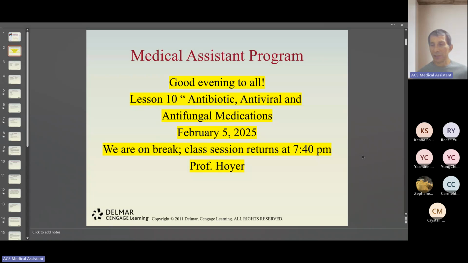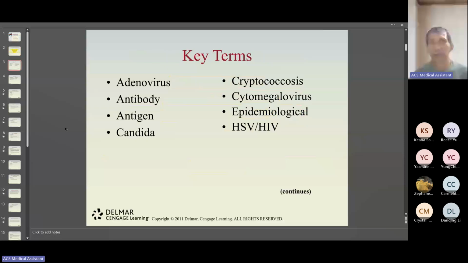Remember, just the basics, so you can have an idea of what a fungal infection is, what the most common fungal infections are, common antivirals and common viral infections, and some of the medications. Here are some microorganisms that cause infections.